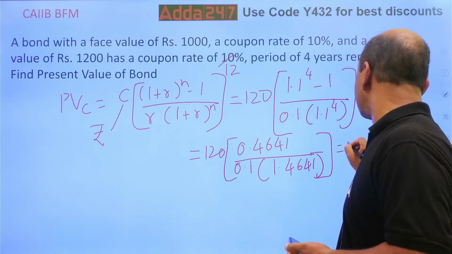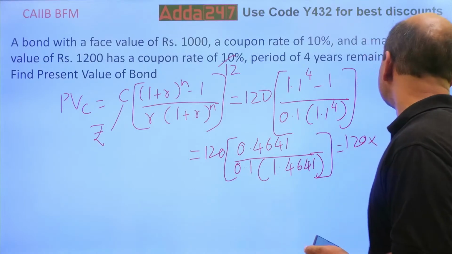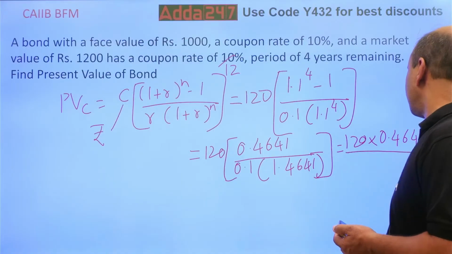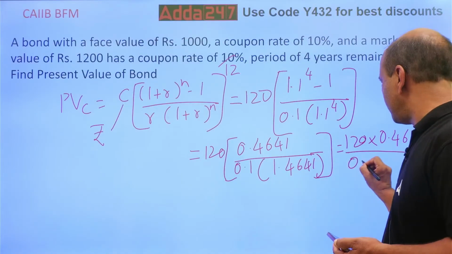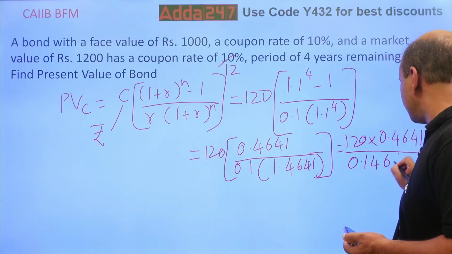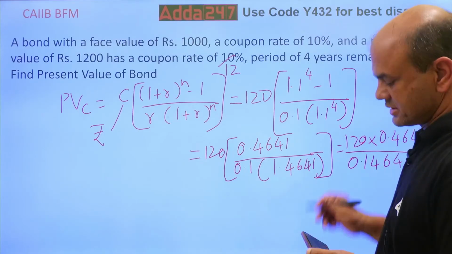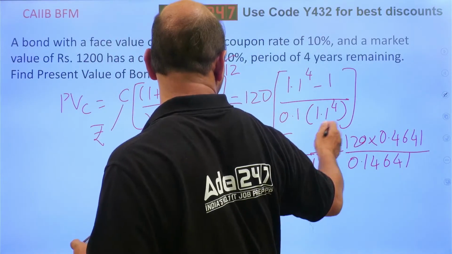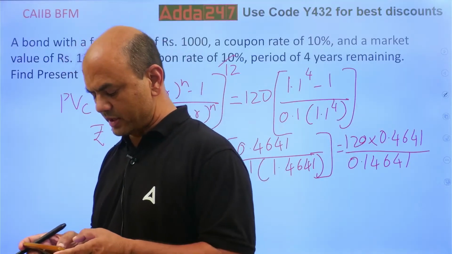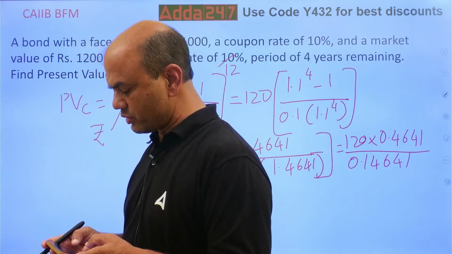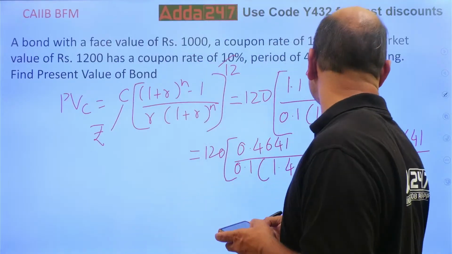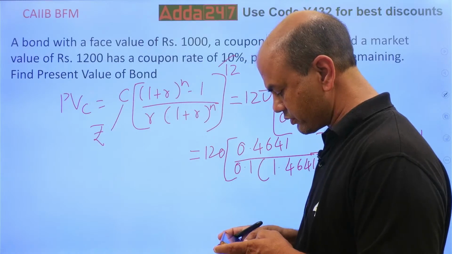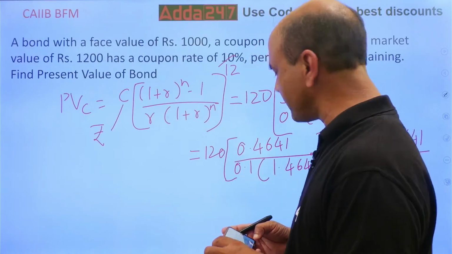So 120 into 0.4641 divided by 0.14641. Now solve this. Get it, everyone. So first find the answer for 120 into 0.4641. So you're getting it as 55.69.